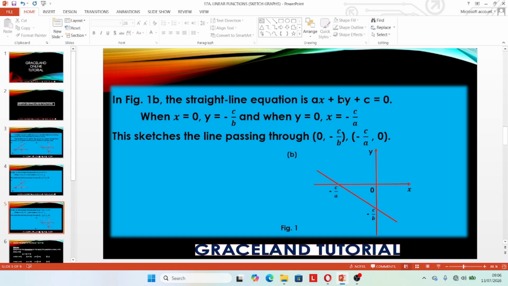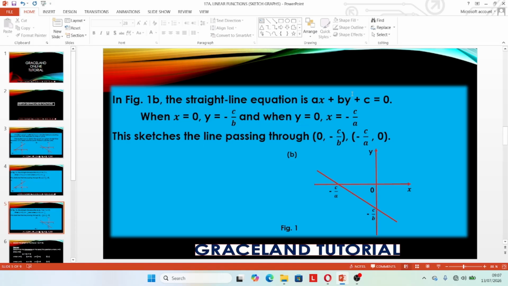So if by plus c is equal to 0, automatically by will be equal to minus c. Then y will be equal to minus c over b. So we have y is equal to minus c over b, when x is equal to 0.